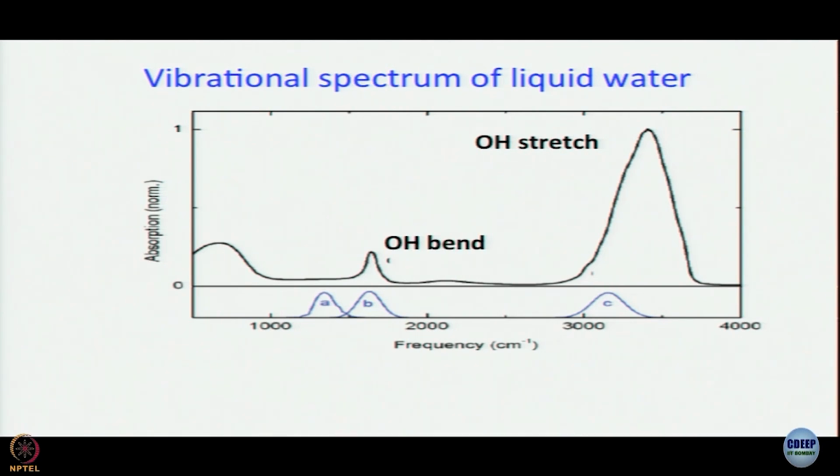The third broad absorption here, along with this even broader and less prominent feature, is ascribed to libration. As we had perhaps talked about in the last module, librations are restricted rotation. So, you have water molecules that want to rotate, but then since they are hydrogen bonded, they are brought back. So, it is sort of wagging motion, and we are all familiar with wagging motion in a molecule for IR.